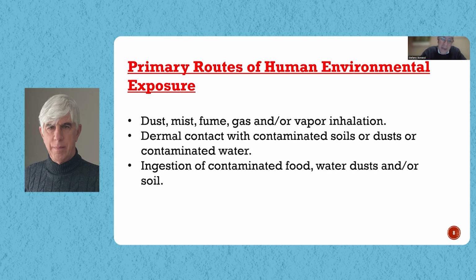And the third major primary route of human environmental exposure is ingestion. Ingestion can be of contaminated food, of course, but also water or even the dust of the soil that can be present in food and especially in water.